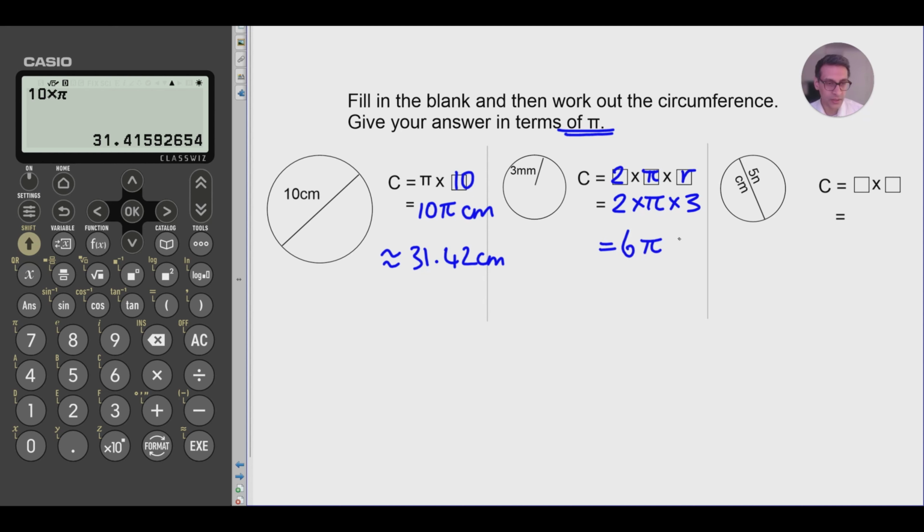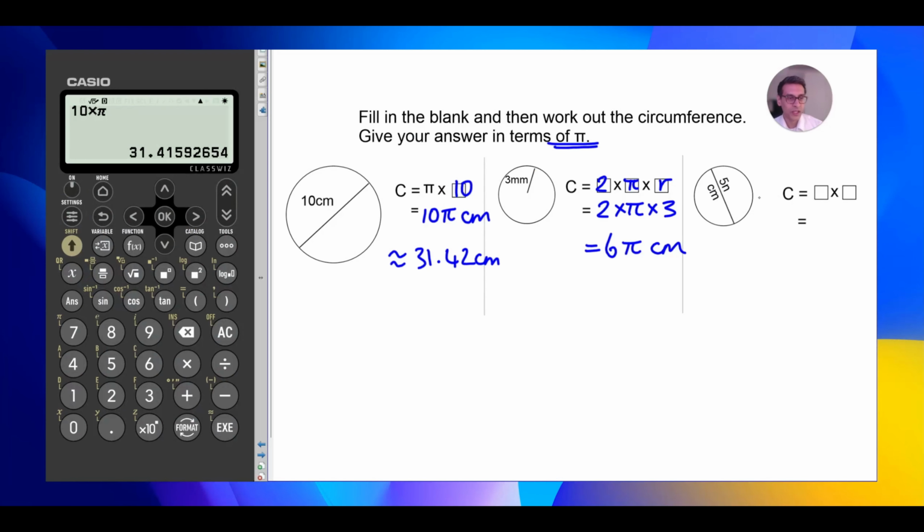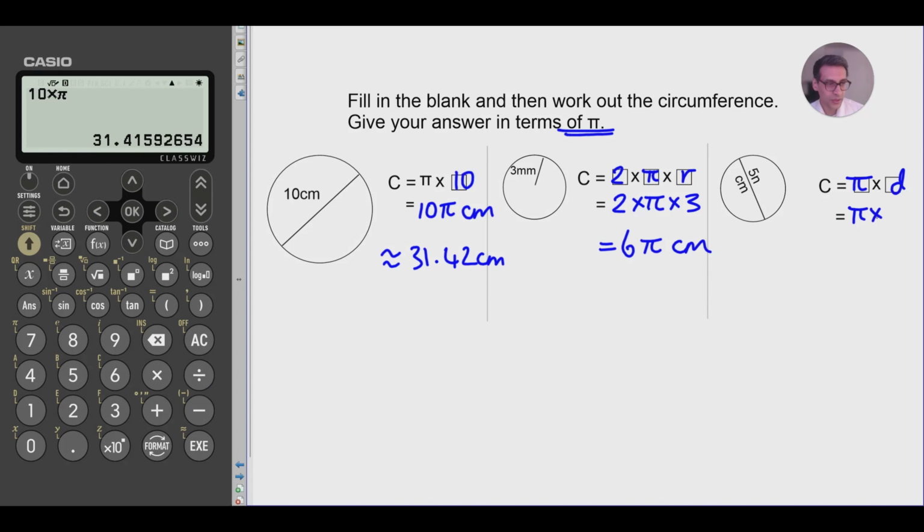Don't forget units. This is a length, so 6 pi centimeters. And then the last one, the diameter is 5n. So pi times d becomes pi times 5n. So that's going to be 5n pi centimeters.